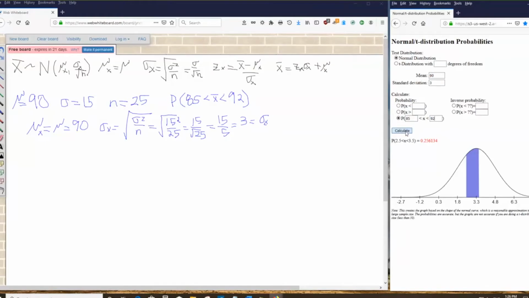I'm going to hit calculate, and it's going to give me an answer of 0.699717. So I can approximate that as about 0.70. So about 70% probability. Okay, any questions?